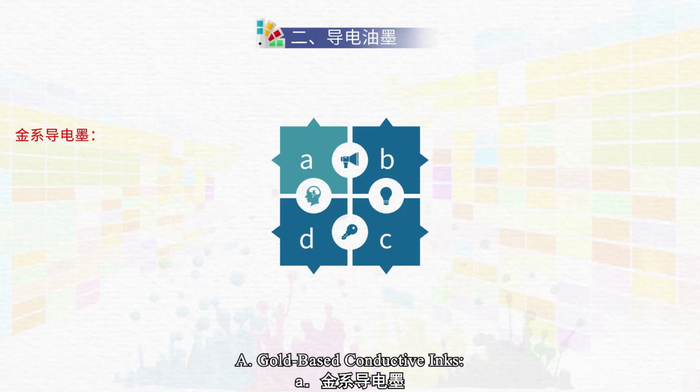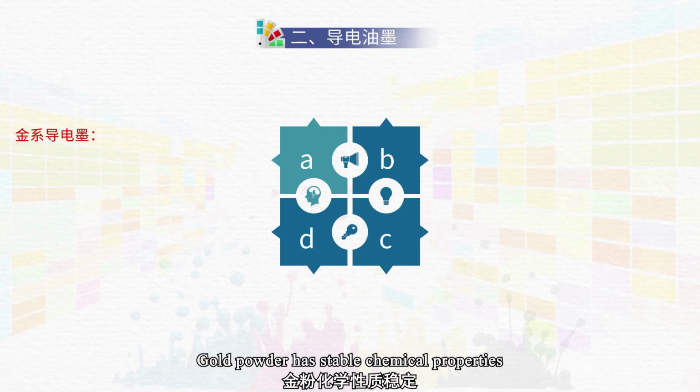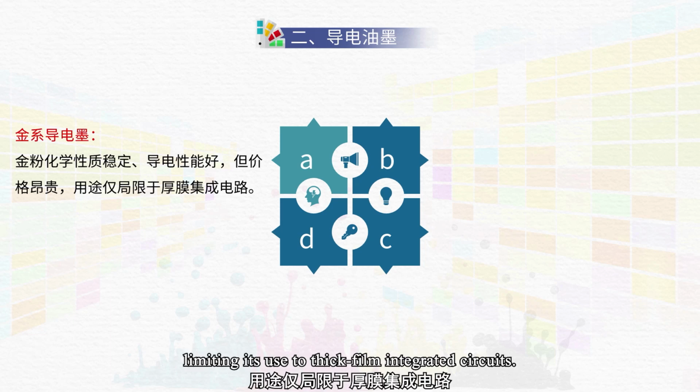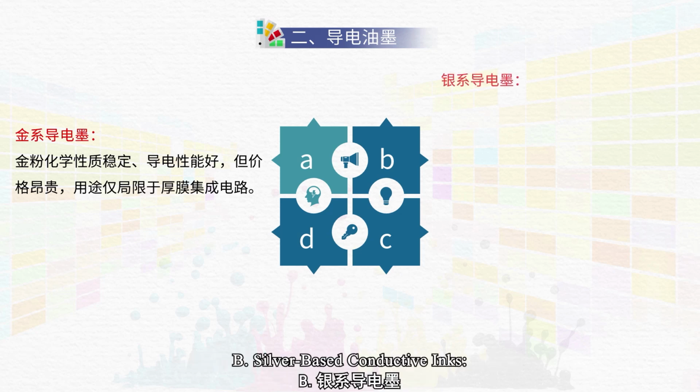A. Gold-based conductive inks. Gold powder has stable chemical properties and excellent conductivity but is expensive, limiting its use to thick film integrated circuits.